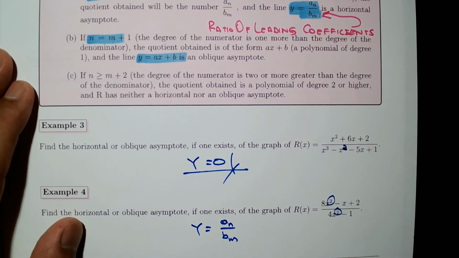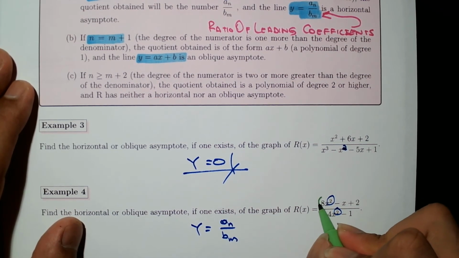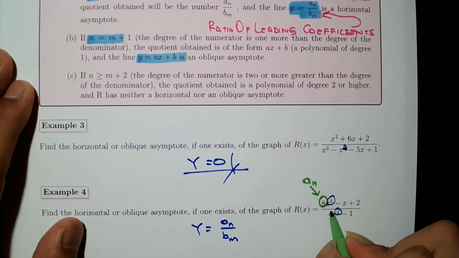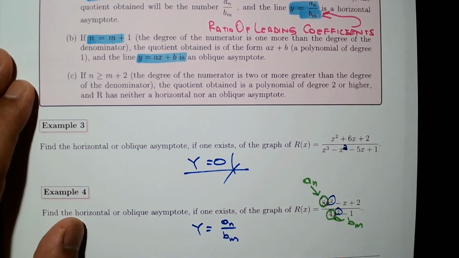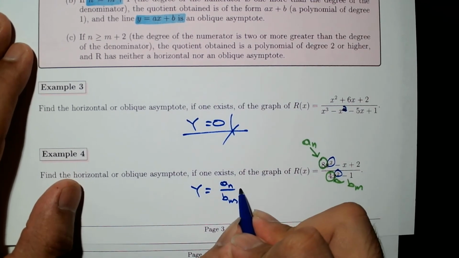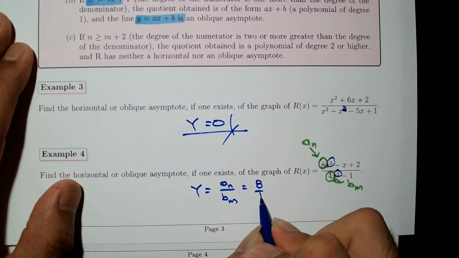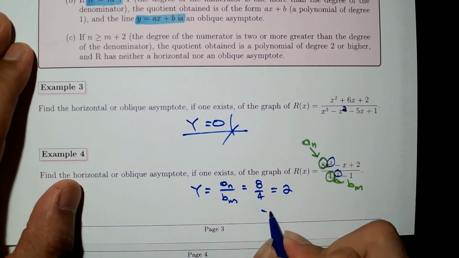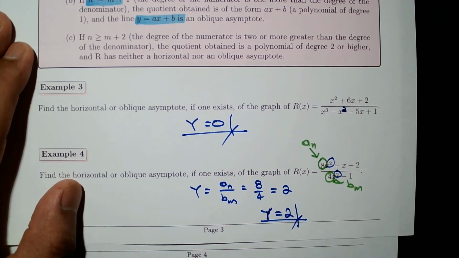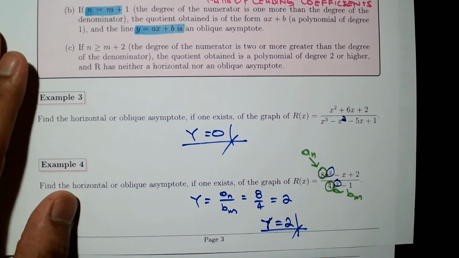In this case, let's label which one is which. So this number 8 will be our a sub n, and this 4 will be our b sub m. So the ratio between 8 and 4 equals 2. So y equals 2 will be the horizontal asymptote.